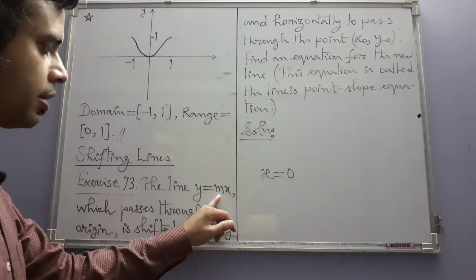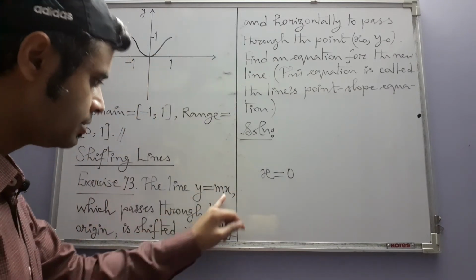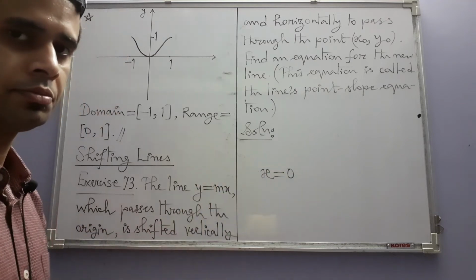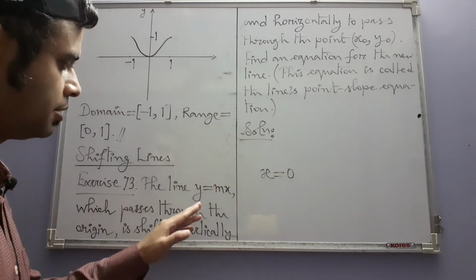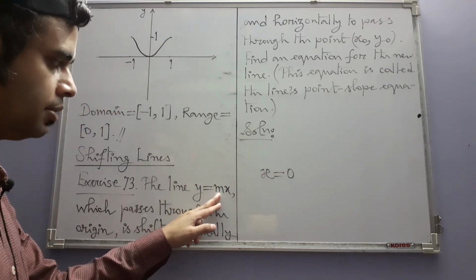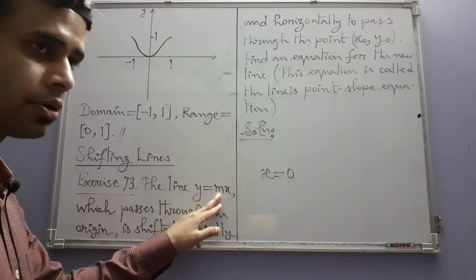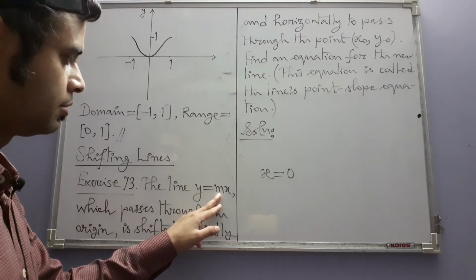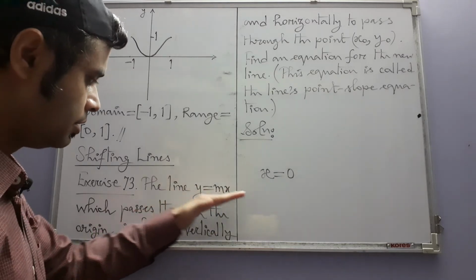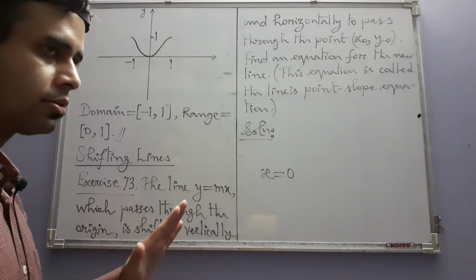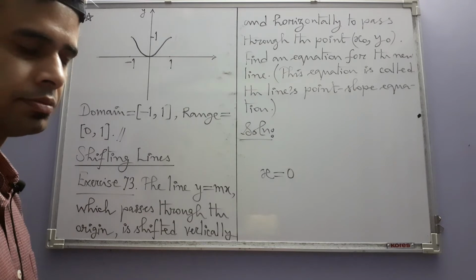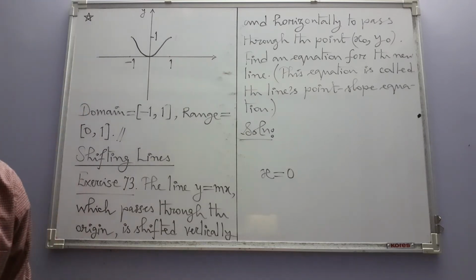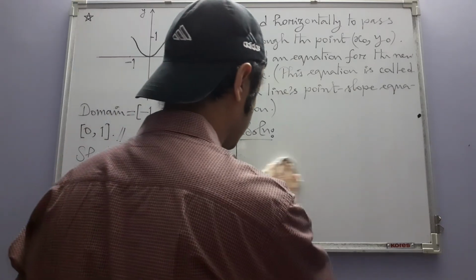For no real number m can you make this equation that equation. Because m is a real number and not infinity, this does not represent a vertical line, and this has implications.